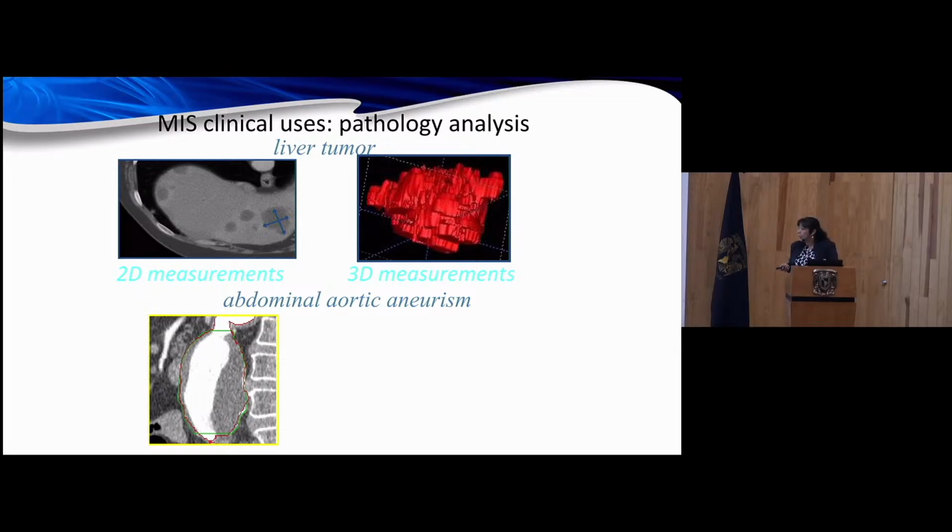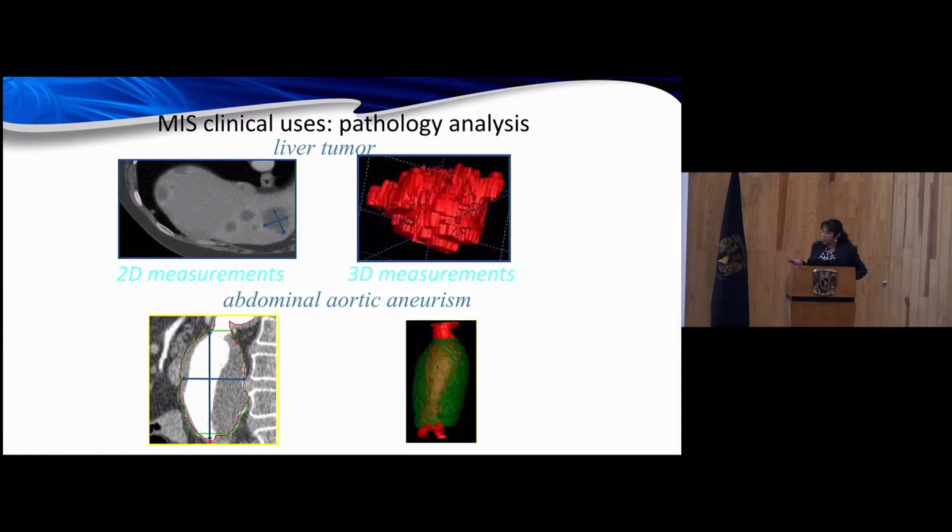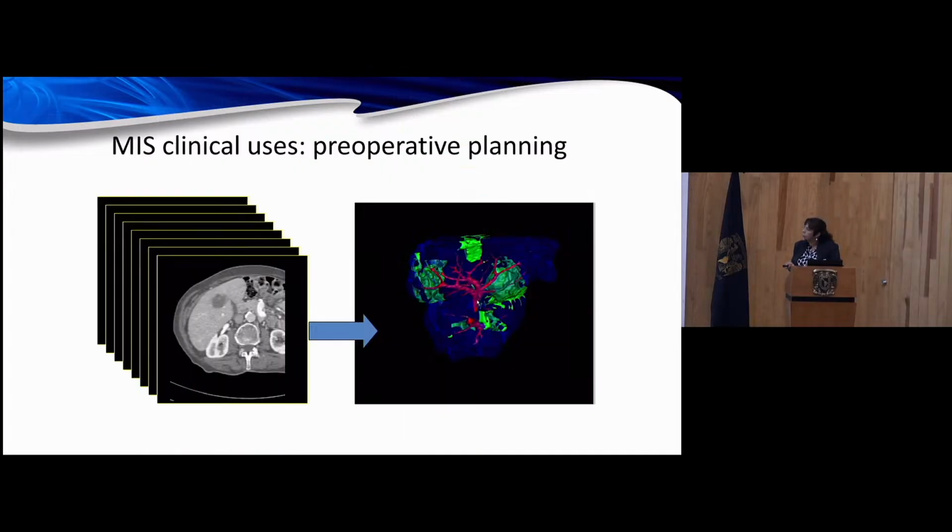It's a different topic if I want to tackle another problem, like an abdominal aortic aneurysm, and then get the volume. The idea is to give the doctor a view of the problem, taking from 2D slices of a tomographic image, to create a model that can give more insights about what is to be done.